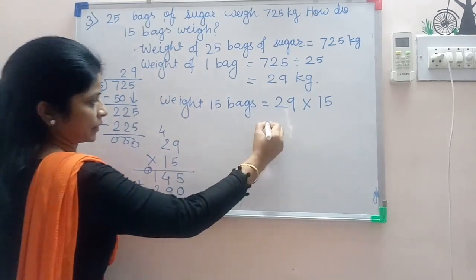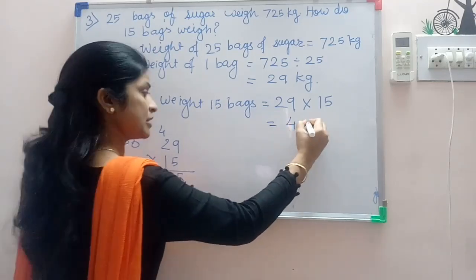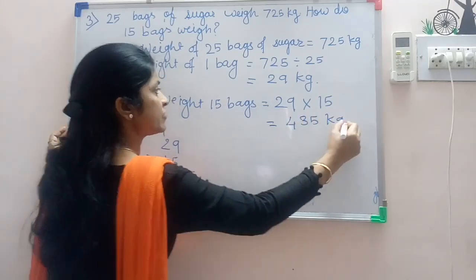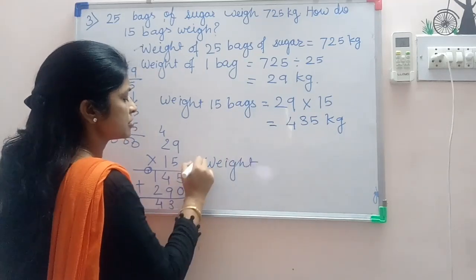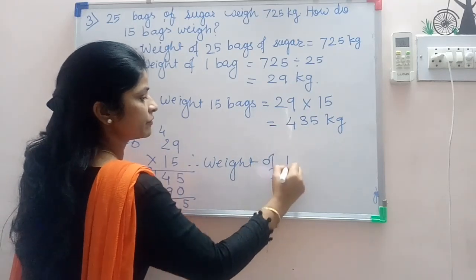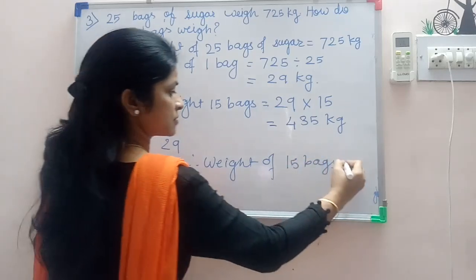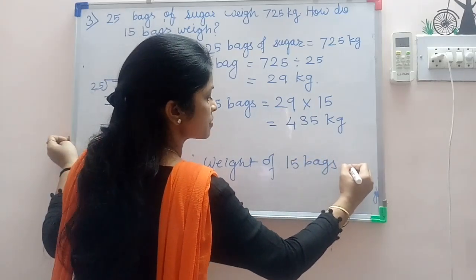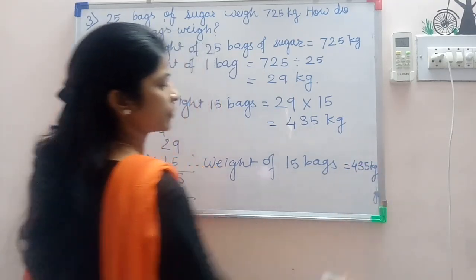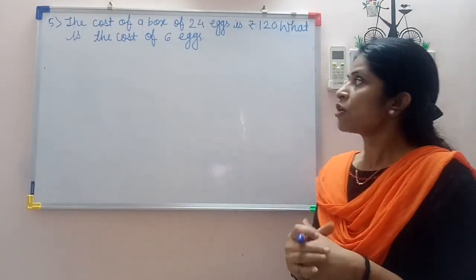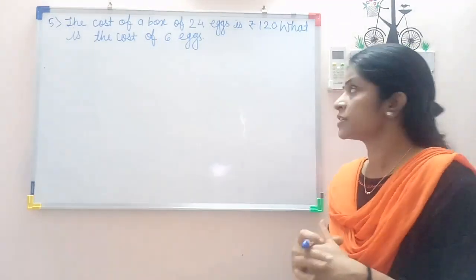So the weight of 15 bags is 435 kg. We'll write the final answer: therefore, weight of 15 bags is 435 kg.